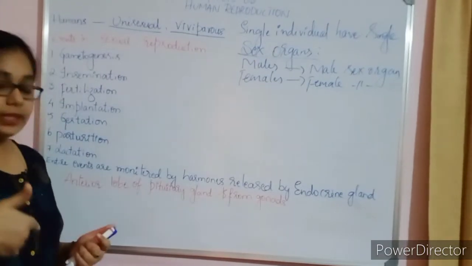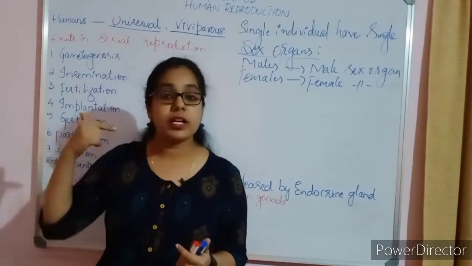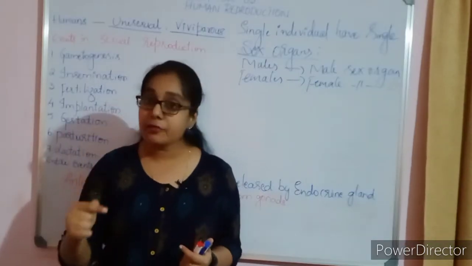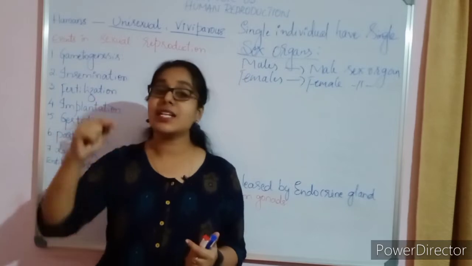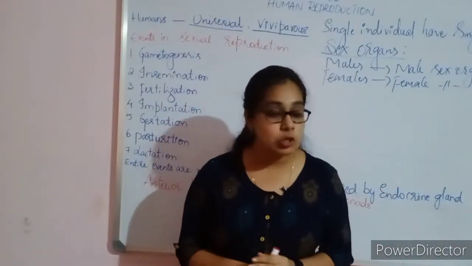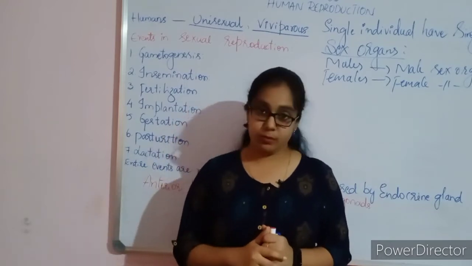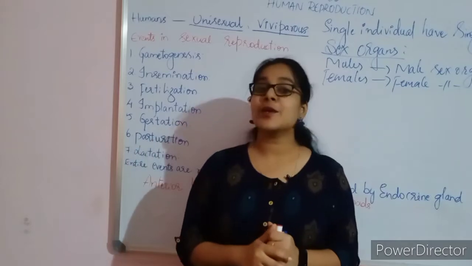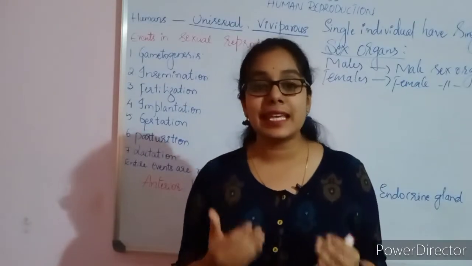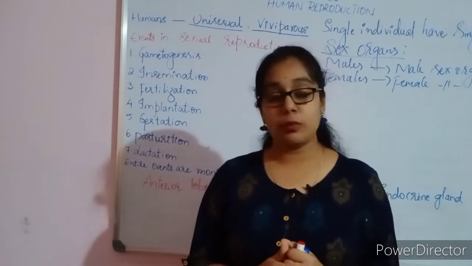And next. Before we enter into the process of reproduction in human beings, we have to study some basic points regarding this chapter. These series of events have to take place in an orderly manner in human beings. Now we are going to see which are those events for sexual reproduction in human beings.